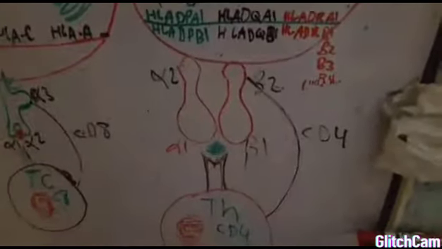Then T helper cell, through its receptor, interacts with the peptide within the binding cleft, and a protein on the surface of T helper known as CD4 interacts with the beta 2 domain of the beta chain of the major histocompatibility class 2, and this results in activation of the T helper cells.